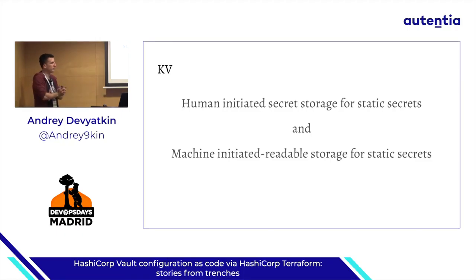Then the key-value engine, as we said, is quite easy to create, and you might want to have two types of those. You might want to have one for humans to put stuff in, and humans, we are messy. We don't follow patterns or rules, we make mistakes. So you just create something for people and say, put your stuff in here.